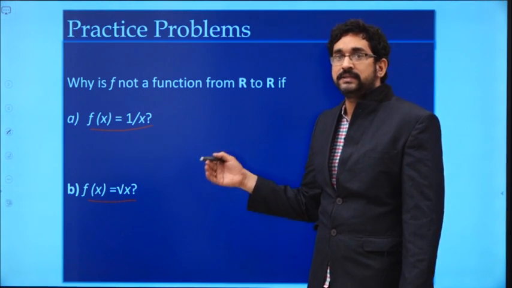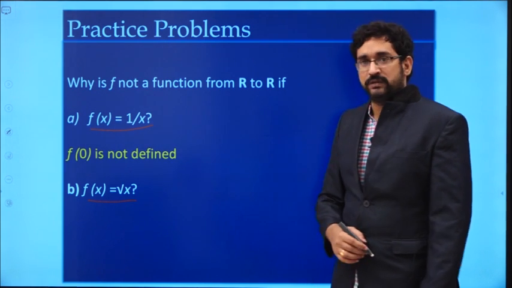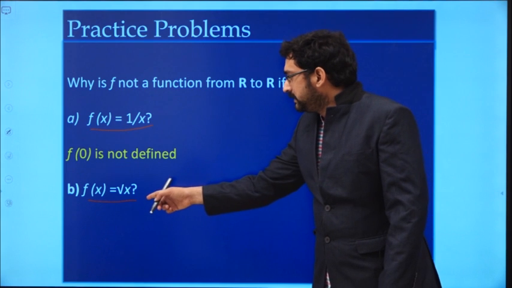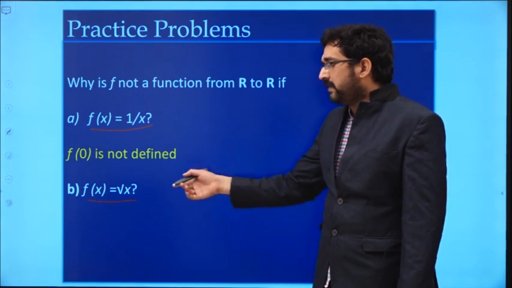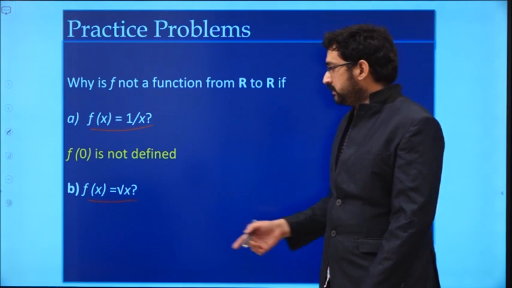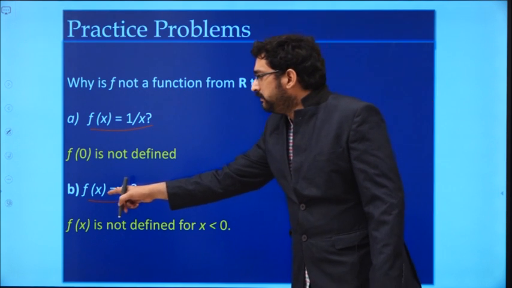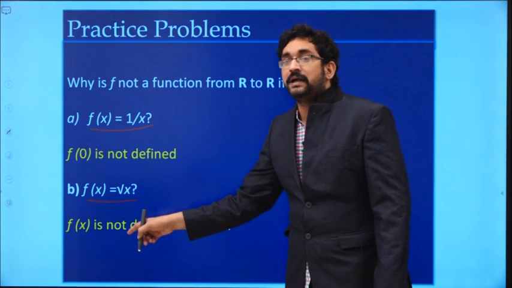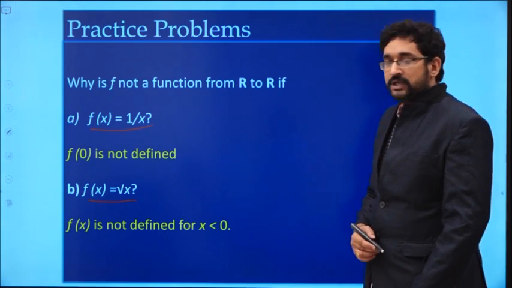As f of 0 is not defined, we can say that the first one is not a function. Why is the second one not a function? For root x, sometimes we may get a negative value, and for negative values it is not possible. So for negative values of x, this function is not defined. That's why both given are not functions.